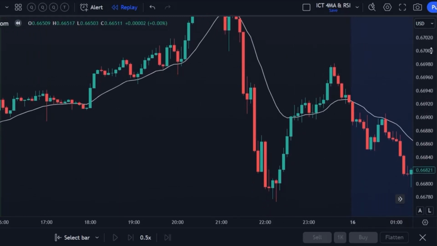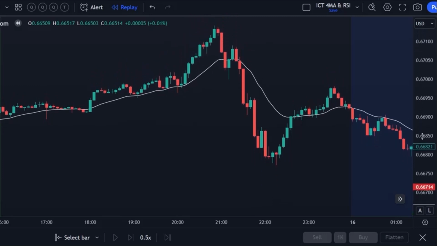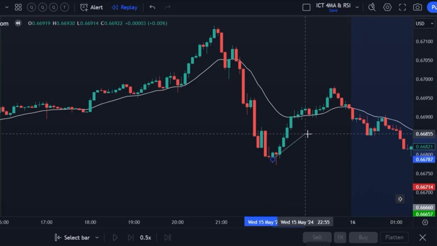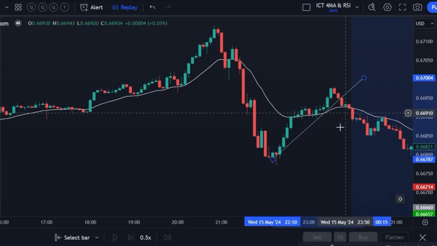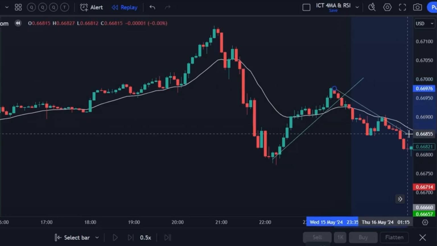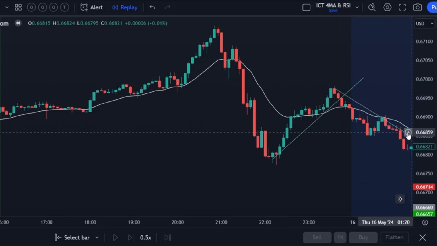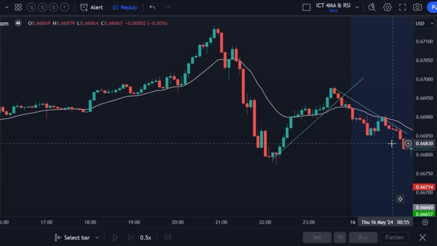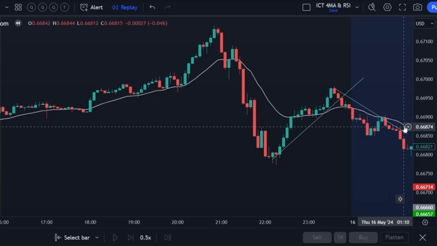Price has moved in a large range prior to the midnight hour, and we've also broken a trend line. We've hit 1, 2, and now we're waiting for a third trend line touch. And we have it here. But it has not crossed the 20 EMA, and it is not 2 o'clock.